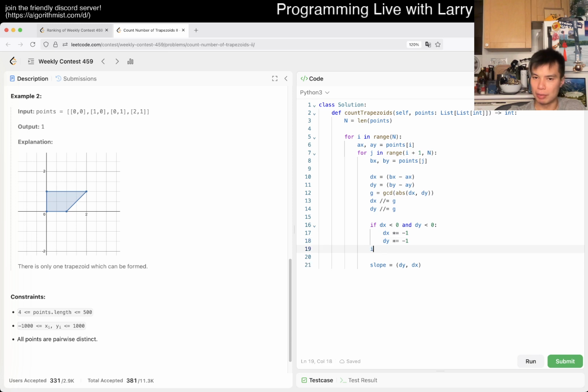It is very awkward, but if we want dx to be positive, so if dx is greater than 0 and dy is less than 0, then in that case we just swap the signs. Cannot type. And then that should be okay. And then now slope. Okay, so that's the slope.